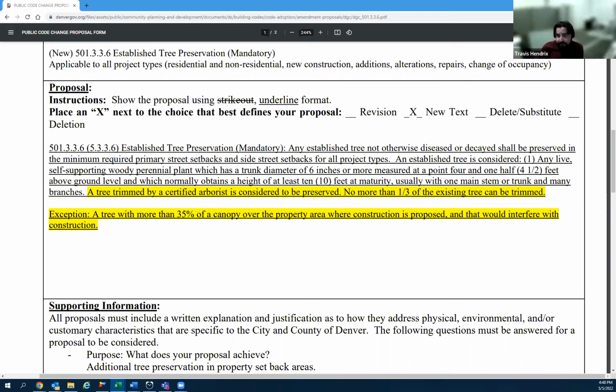I suppose that goes back to Eric's initial comment about other agencies in the city reviewing it, because I think the forester would also want to control invasive species and items like that, because there are some trees that we actually don't want in the environment that might fall underneath established, because we're just talking about decay or disease, not invasive.